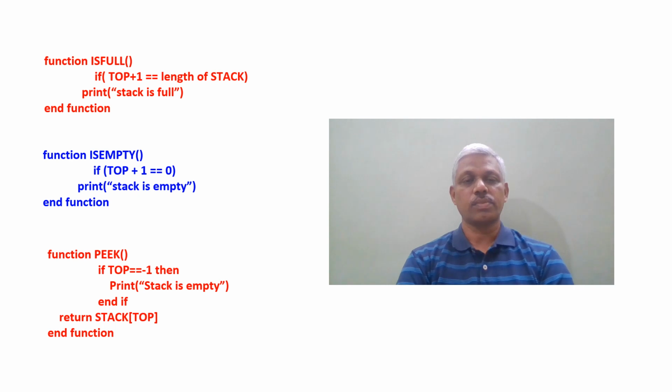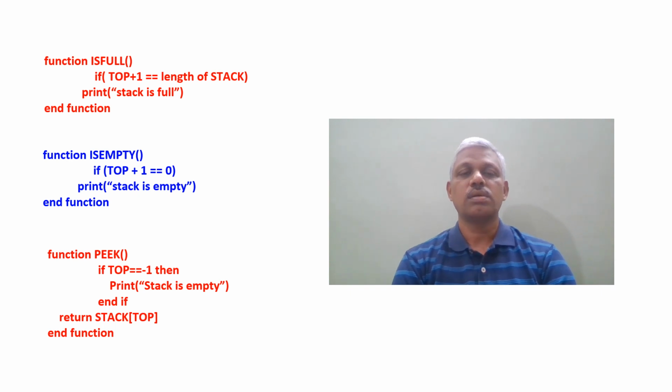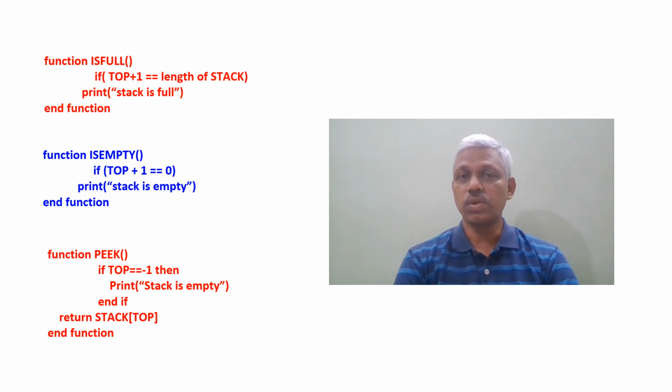Similarly, if you want to get the peek, peek is indicating the topmost element. By default, if top is equal to minus 1, no element is present. So in that case, we have to give the answer as stack is empty. Otherwise, whatever element is present in the location of top, because top is a variable which is indicating the location of the topmost element.